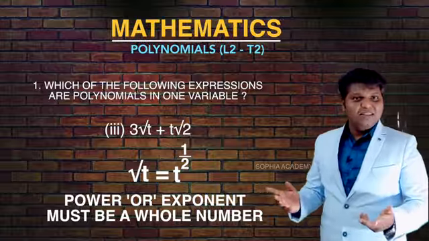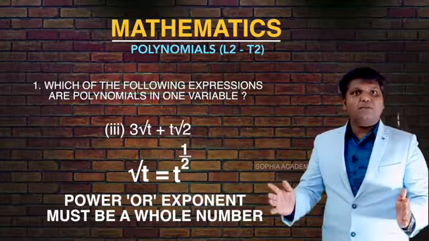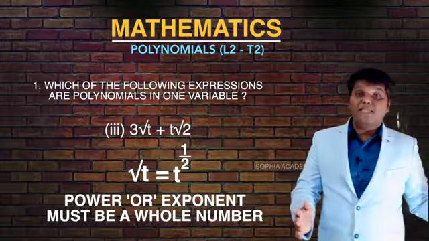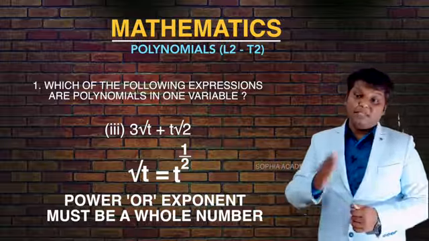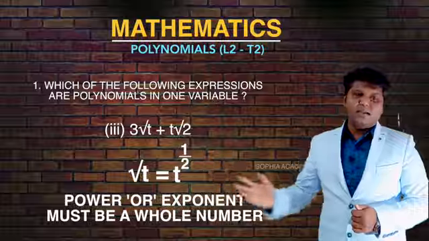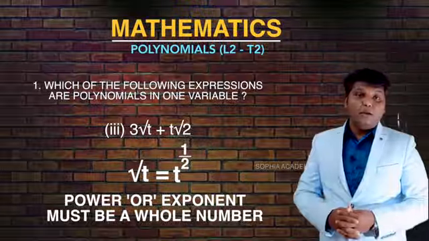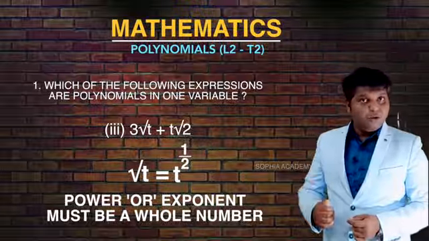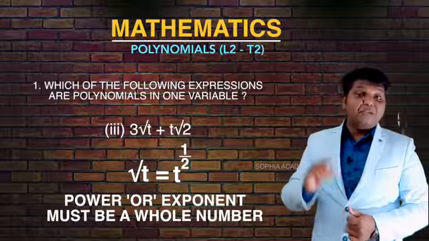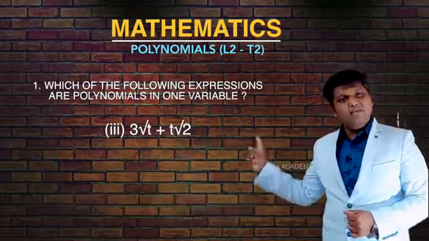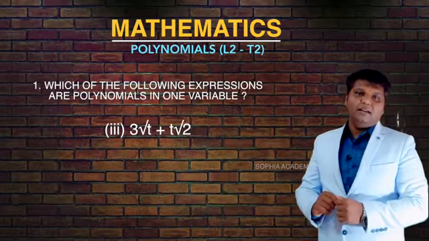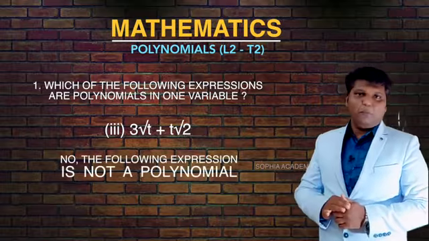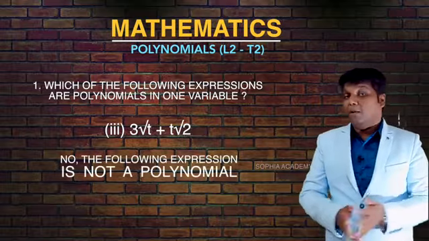What is a whole number? Whole numbers are all the natural numbers, all the counting numbers along with 0. That means 0, 1, 2, 3, 4, 5, 6, 7. Is 1 by 2 a whole number now? No, it's a fraction. So even though there is a single variable, this is not a polynomial.